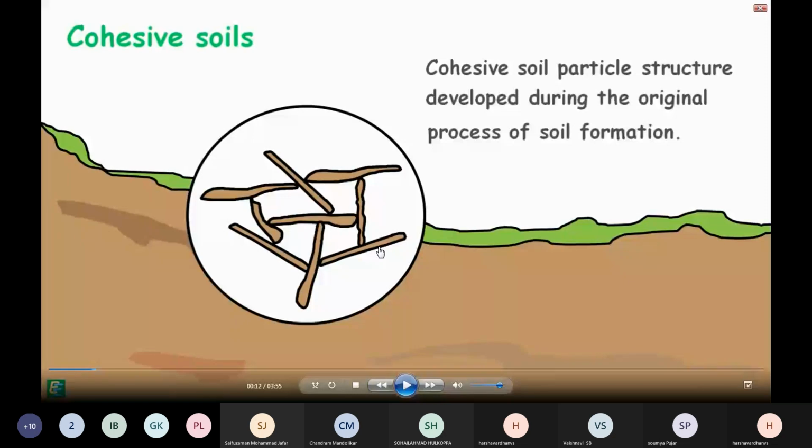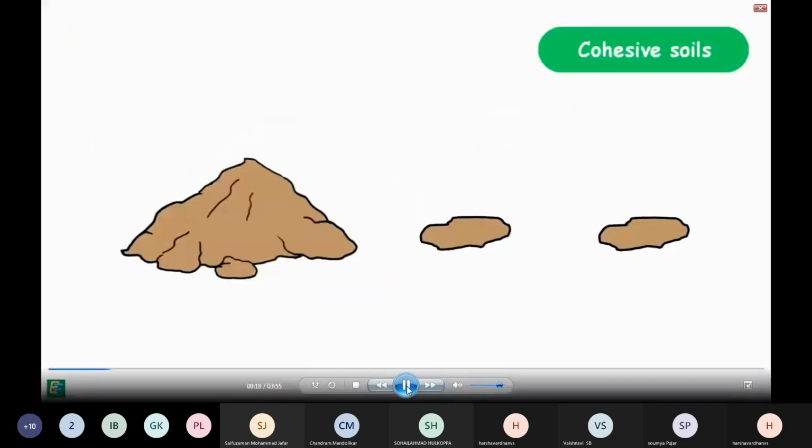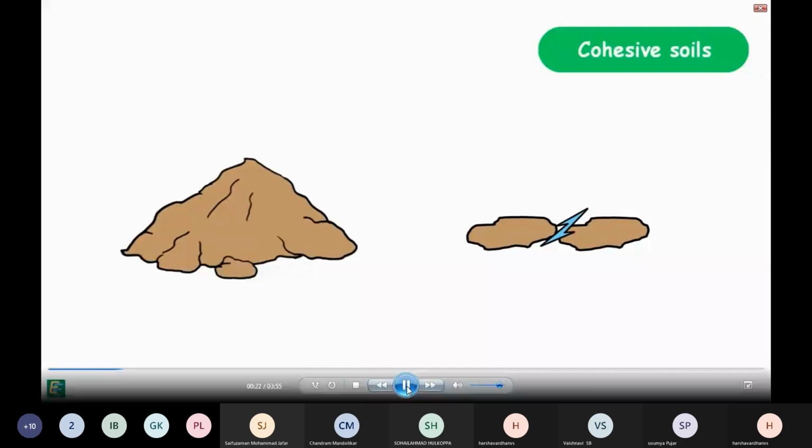Originally when the soil is formed, the soil structure shown here is flocculated soil structure. It will have a particular structure, and also the particles are oriented in a particular manner.